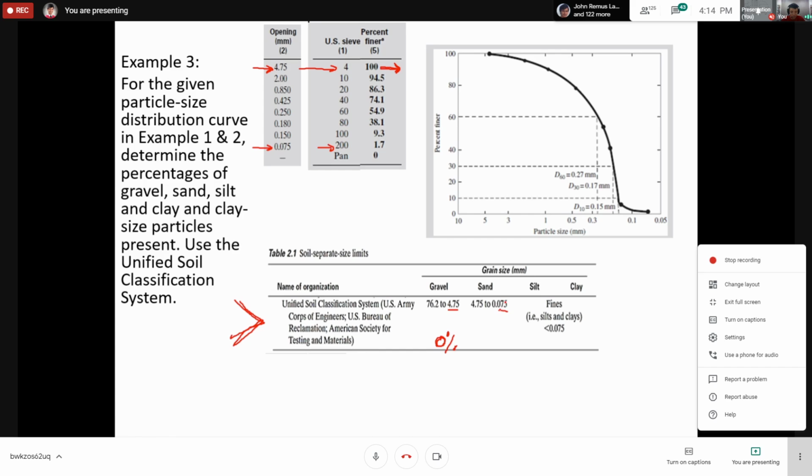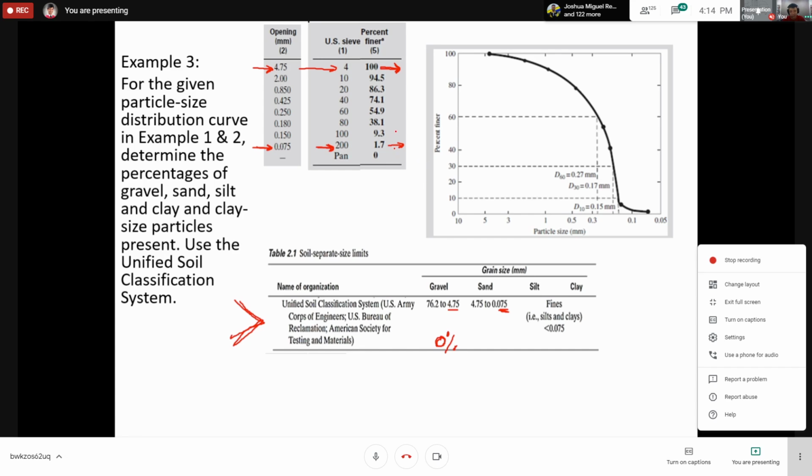So for sand, our limit is 0.075, sieve number 200. Its percent finer is 1.7. So 1.7% passed through.